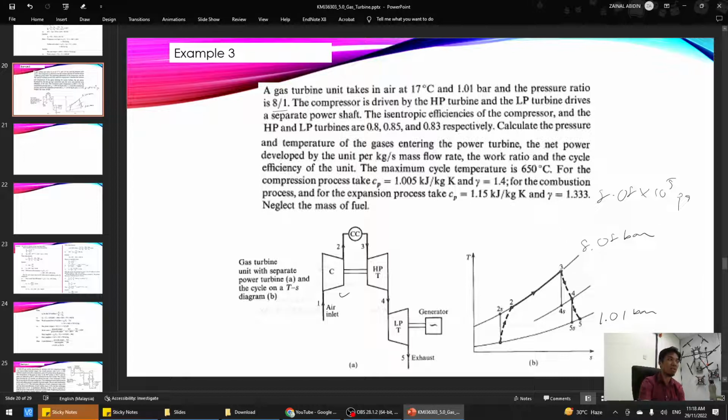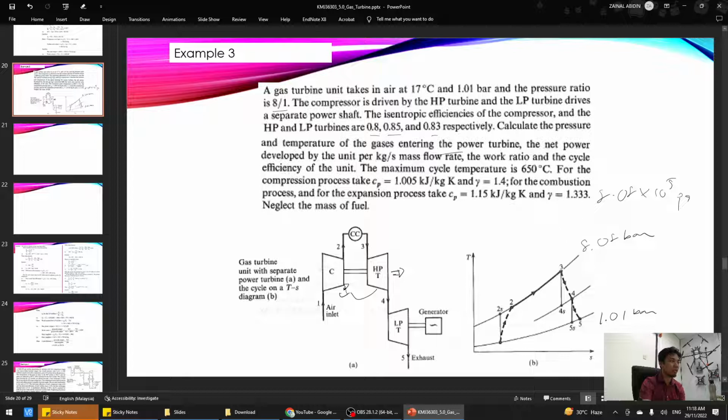So the high pressure turbine, it is working to rotate the compressor. Apa yang output kat sini terhasil, dia gunakan untuk rotate compressor di hadapan. Okay, so isentropic is given here, dia suruh cari kita calculate the pressure and temperature of the gases entering the power turbine.